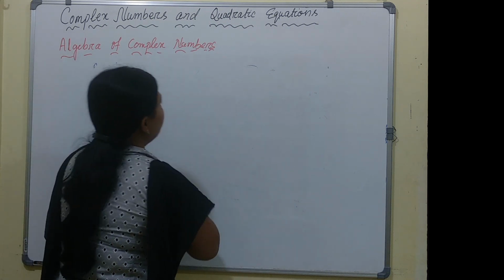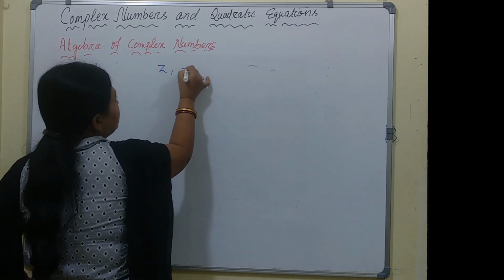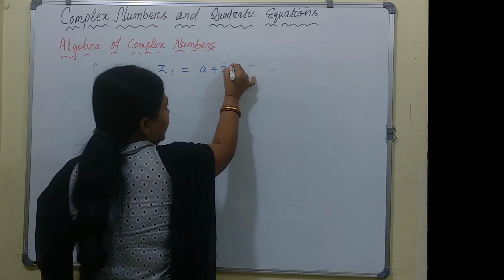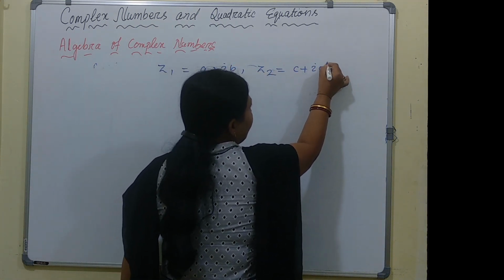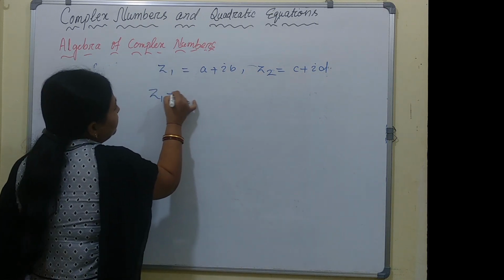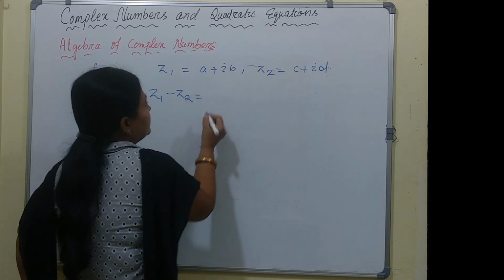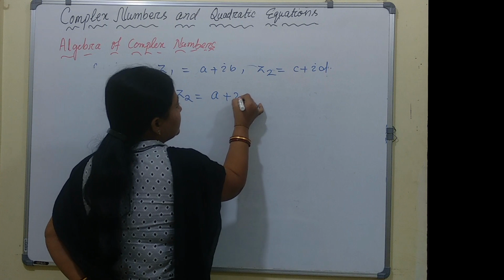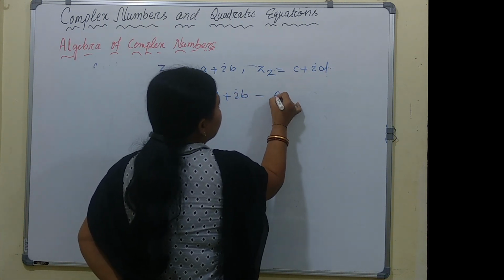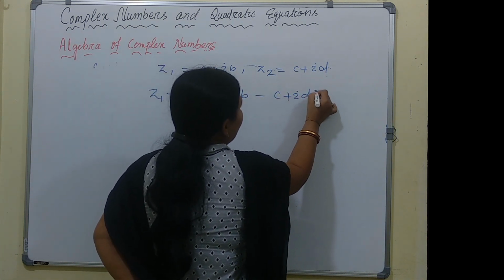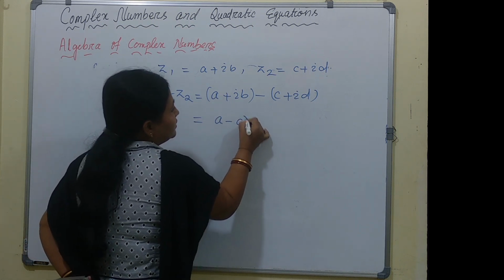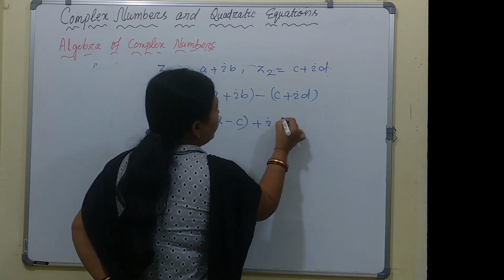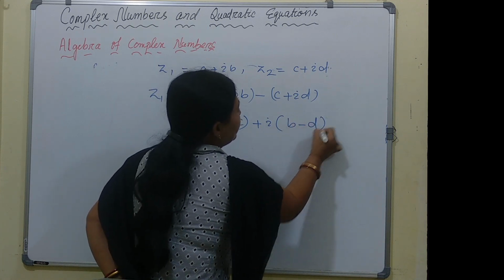When z1 is equal to a plus ib and z2 is equal to c plus id, then z1 minus z2 is equal to a plus ib minus (c plus id). So here we get (a minus c) plus i times (b minus d).